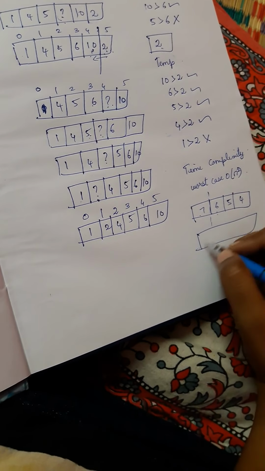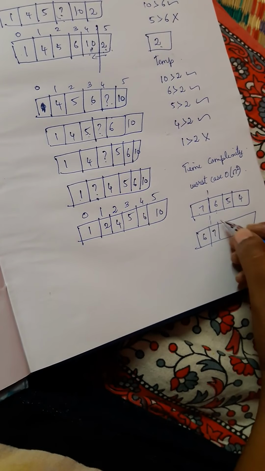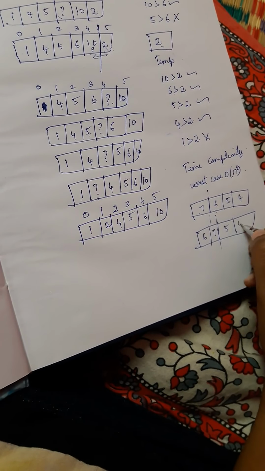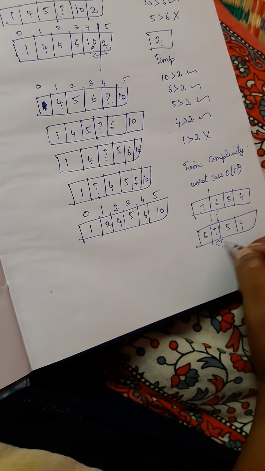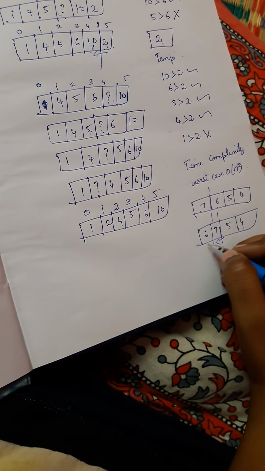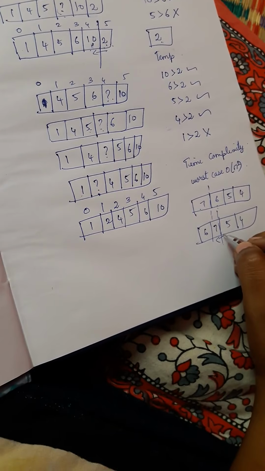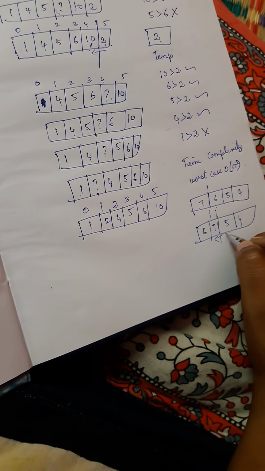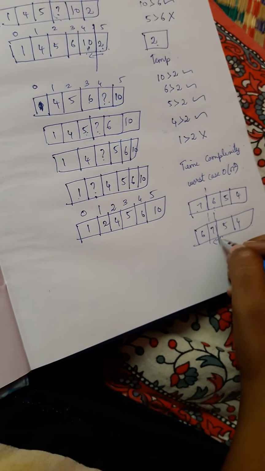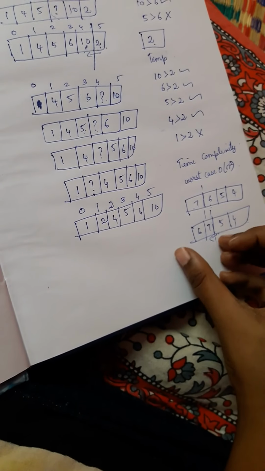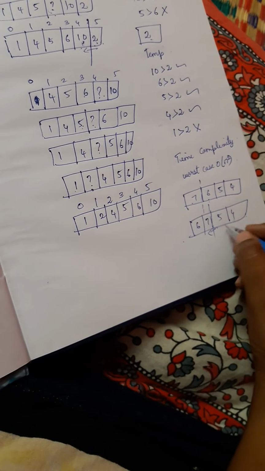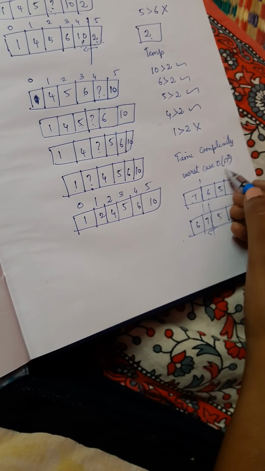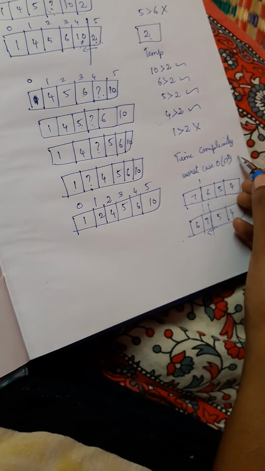Again we are comparing all the elements. All the elements should be compared with all the n elements, from 1 to n and again 0 to n. So these n elements and these n elements need to be compared. So that is why we are taking this worst case as O of n square.